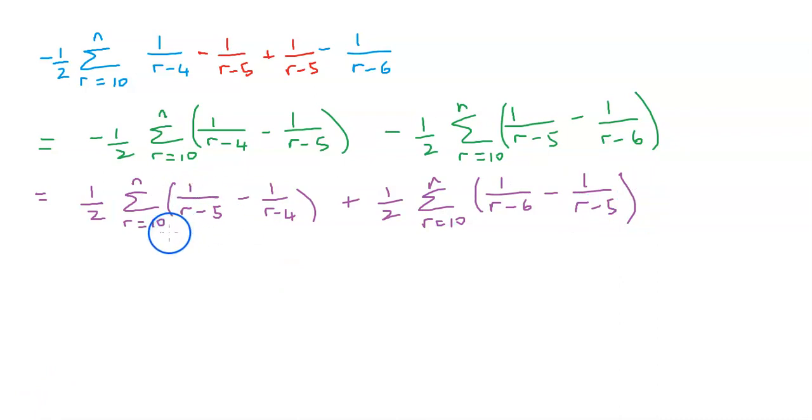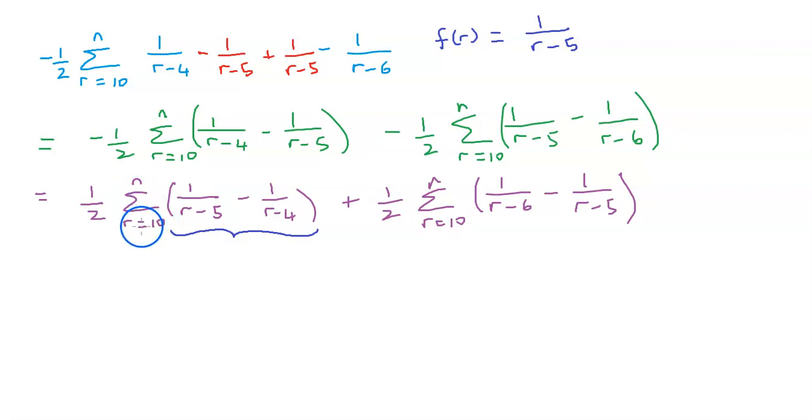And clearly for this one, our f of r function is going to be 1 divided by (r minus 5). And this time we're starting from r equals 10, not r equals 1. In the previous examples we started from r equals 1.